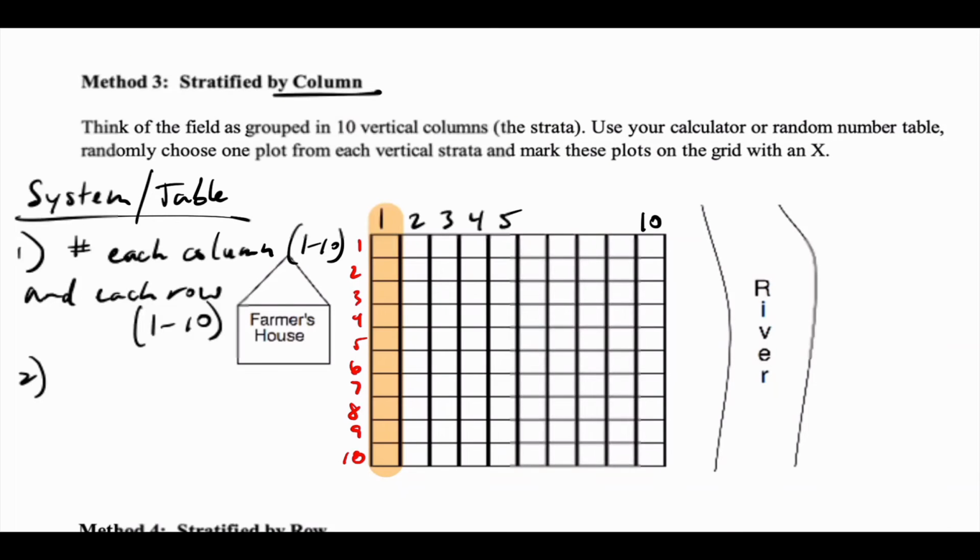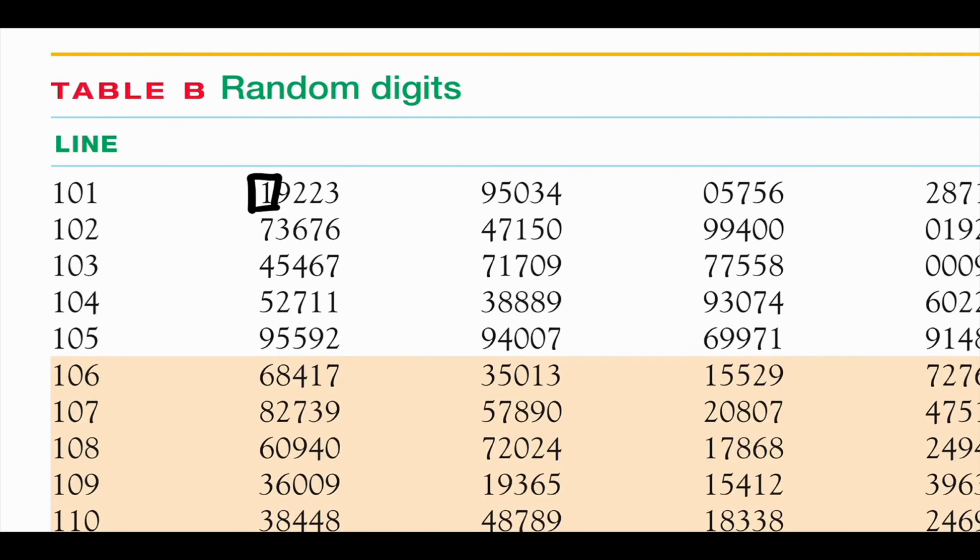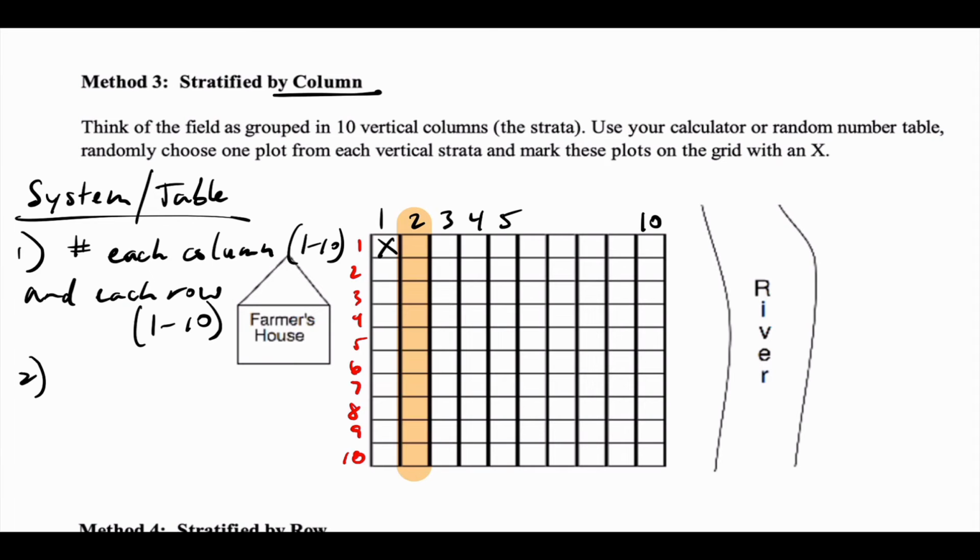So I go and I mark number 1. All right. The second one, the second row. Well, my second number is 9. That one's down here.